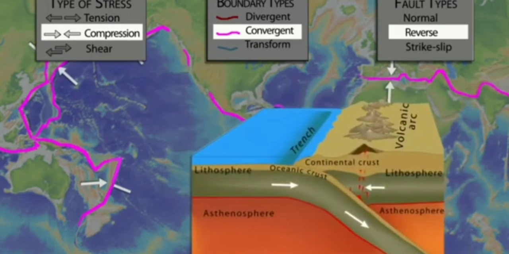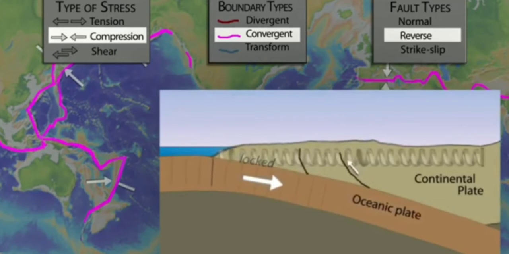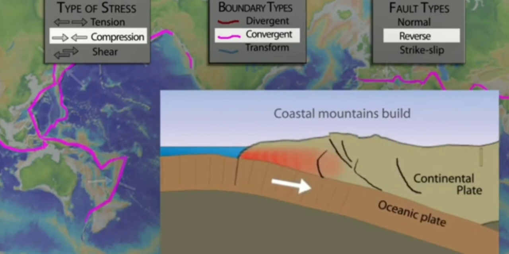If an oceanic plate subducts beneath a continental plate, most of the faults occur within the overlying plate, as it is compressed and buckles, forming coastal mountain ranges parallel to the plate boundary. The sloping contact between the plates is under high friction as the subducting plate shoves the overlying plate backwards.